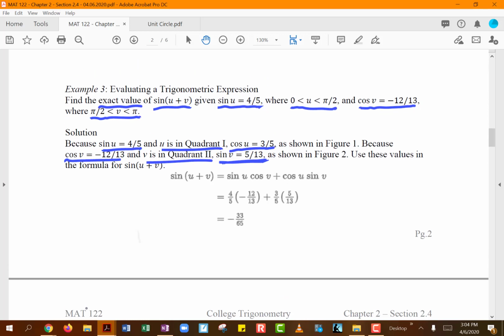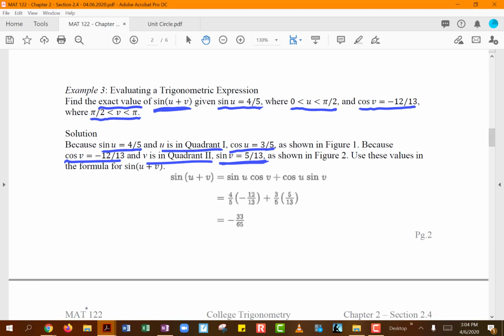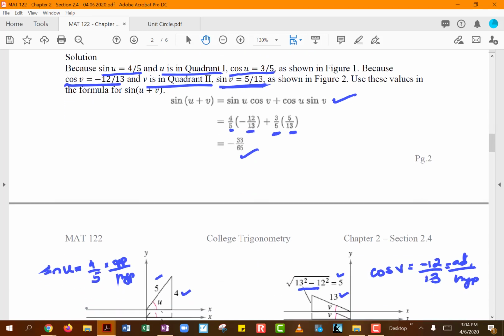And then using your sine of u plus v sum formula, you can go ahead and write it down like this, then plug in your values for sine of u, cosine v, cosine u, sine of v, and then come up with your answer, which is negative 33/65 once you get done multiplying and adding these numbers, right?